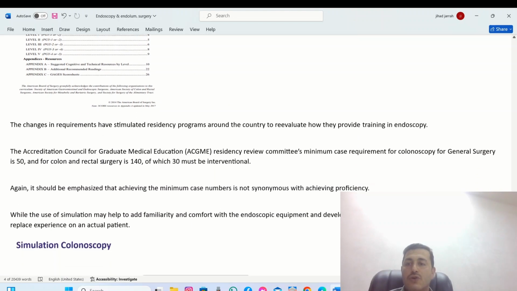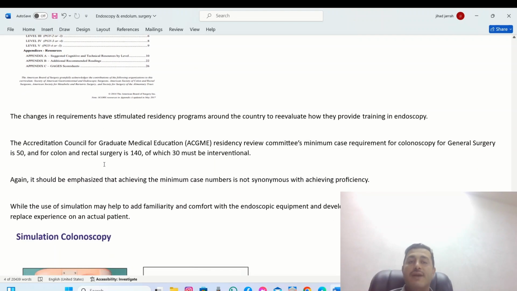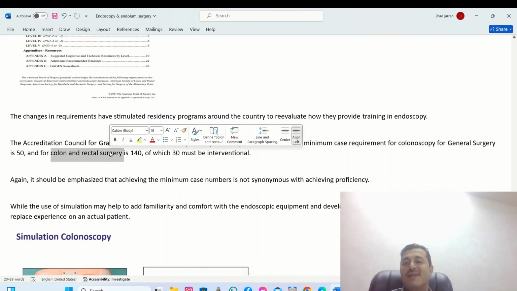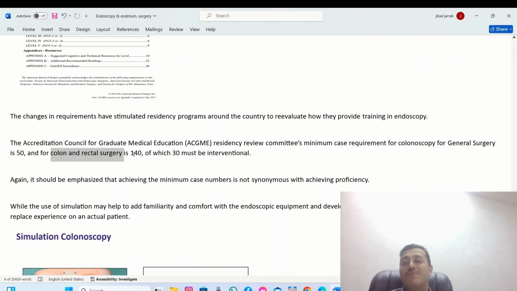Of course, the training should be under a supervisor, and you can see here that a general surgery resident should perform at least 50 colonoscopies under supervision, and a colorectal surgery fellow should perform at least 140 colonoscopies during their fellowship program, of which 30 must be interventional.